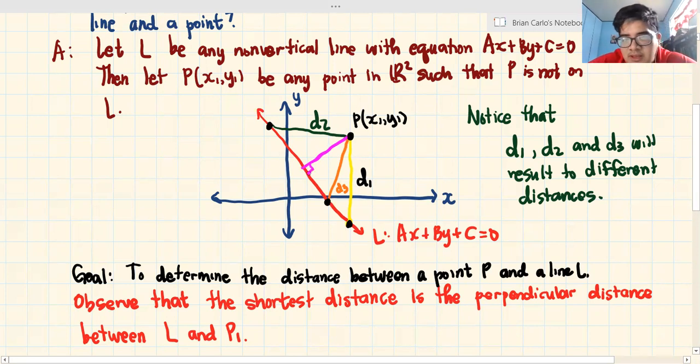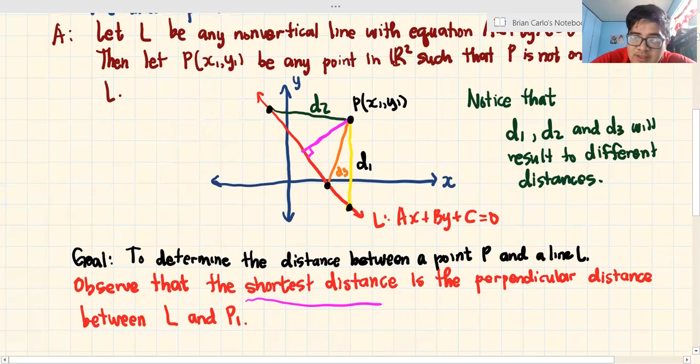Yan yung may pinakamaikling distance kesa si yellow, si orange, saka si green. Yan ang kukunin natin kasi siya yung shortest distance. Yun yung hinahanap natin na distance.